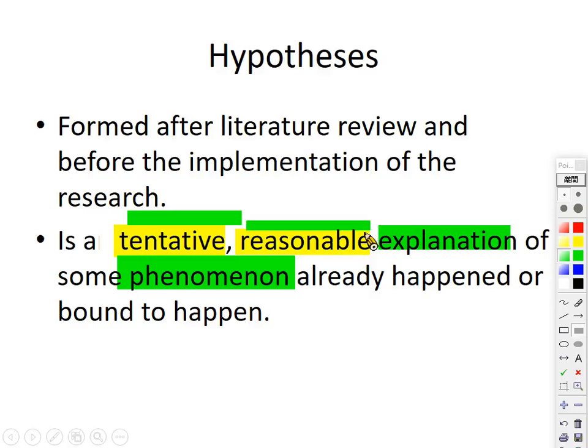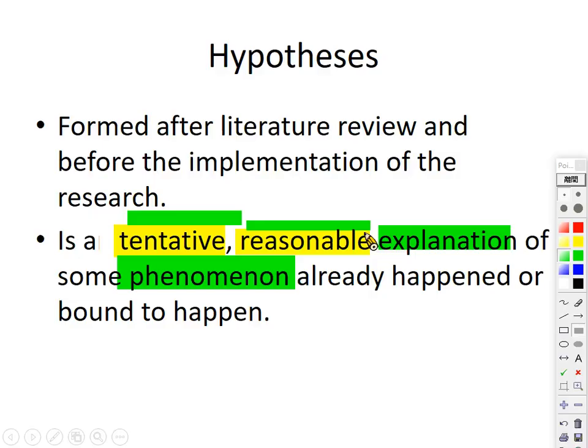So, for example, this morning, you step out of your dormitory onto the street, and you saw a small pad of water just in front of you, right? It's very small, okay? So you see this phenomenon. This is some phenomena already happened, right?